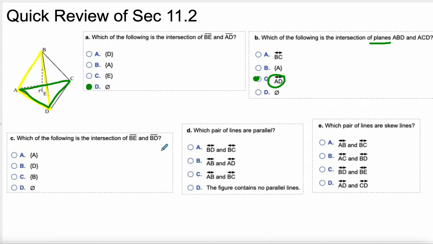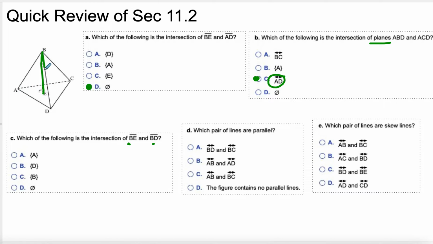Which of the following is the intersection of segment BE and segment BD? Segment BE and segment BD. By just reading it, you can see that point B is the intersection, right? So BE is here, segment BE, and segment BD.